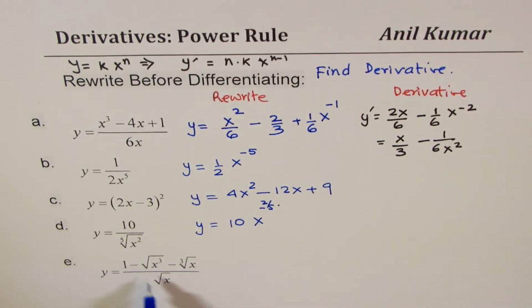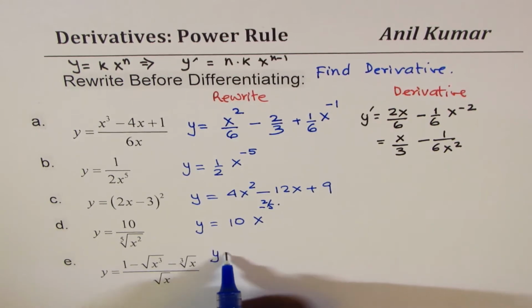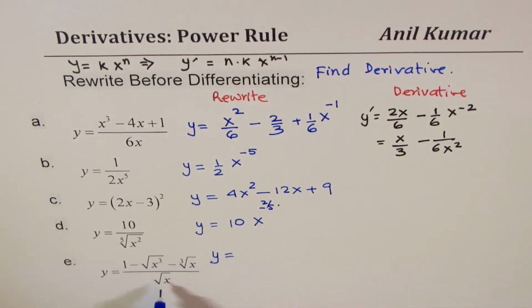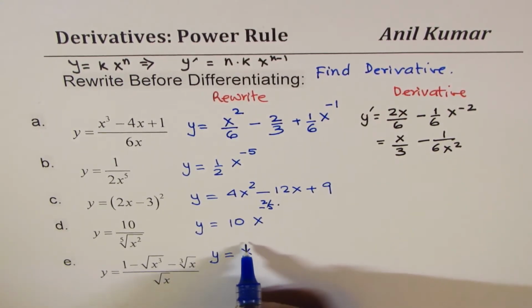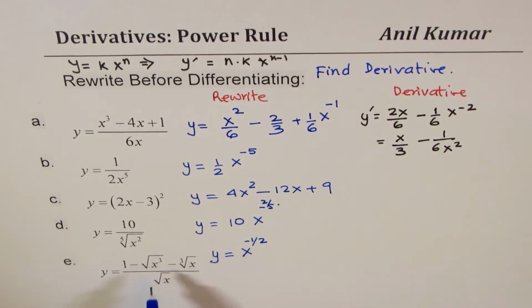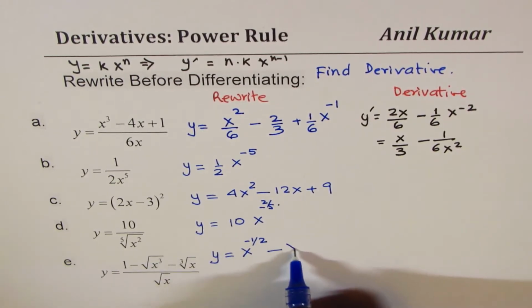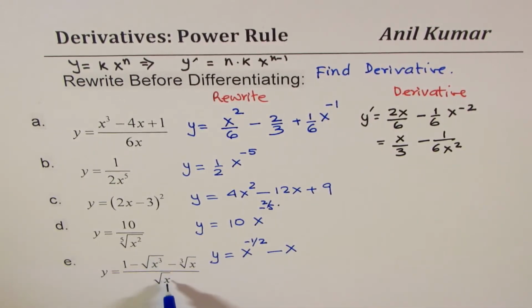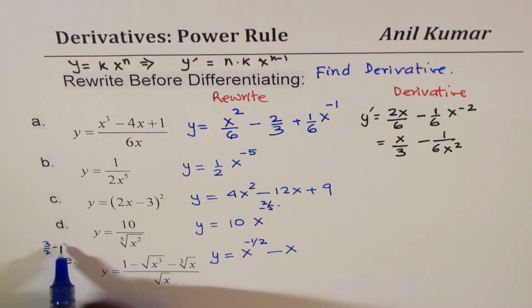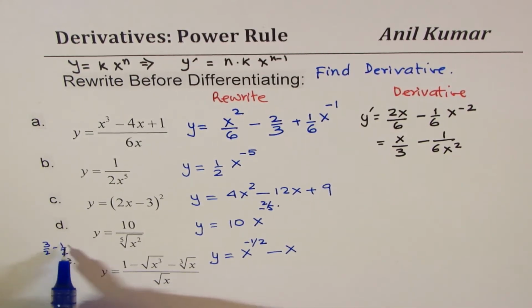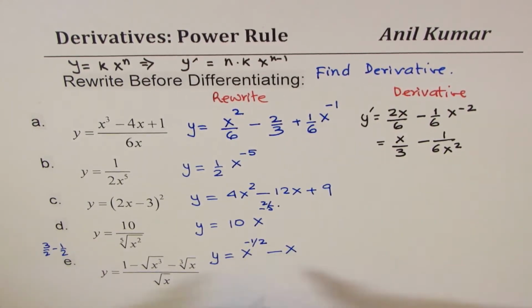Here we could divide by square root x, and we could write this as y equals 1 over square root x, which is x to the power of minus half, minus x to the power of 3 by 2 minus half. You could do this on the side: it is 3 by 2 minus half, which is 2 by 2, which is 1.